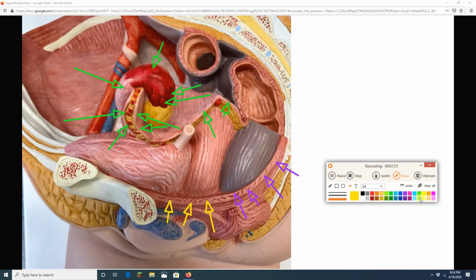All right, we also see some external genitalia here. So let's draw our attention to that. We see a mound of adipose tissue known as the mons pubis, just anterior to the pubic bones. Of course, that is where pubic hair would be. We see a fatty fold called a labium majus. There are 2 labia majora, and we see one of them here.